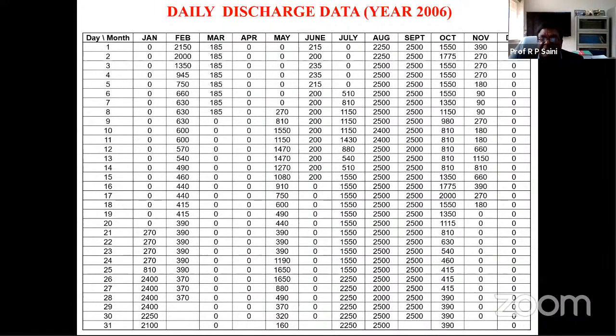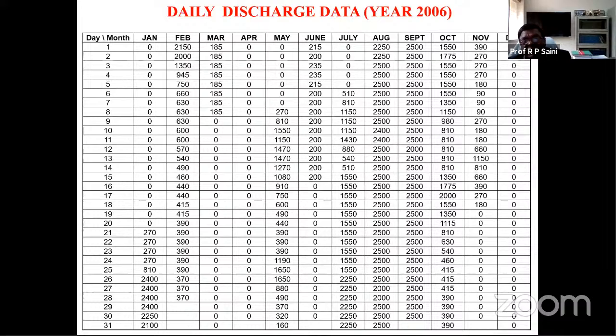You should not say, will I wait for 1 year or 2 years? No, no, no. These data may be available with some agency, so you can get them from there. Or somebody asks you to develop a hydropower project for his site, or he might have identified the site, or some nodal agency for a state has many sites.